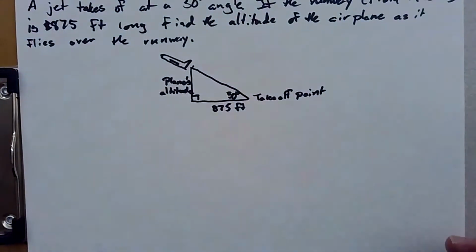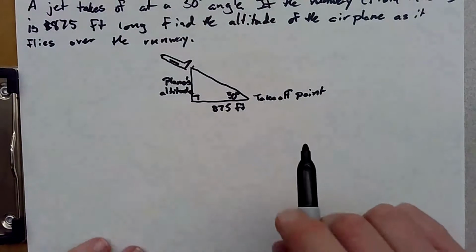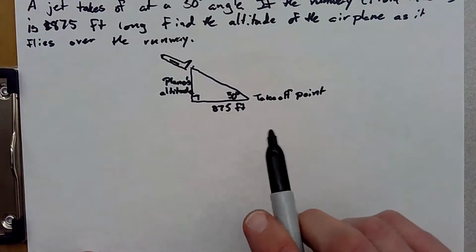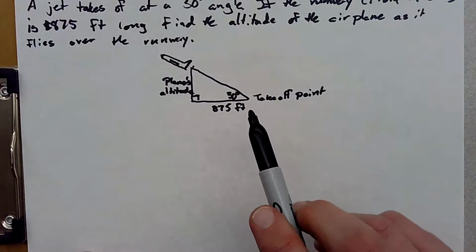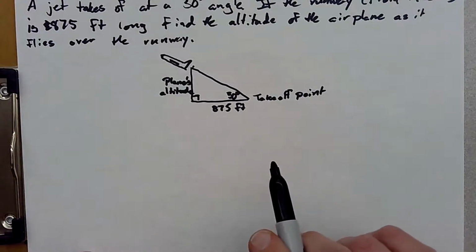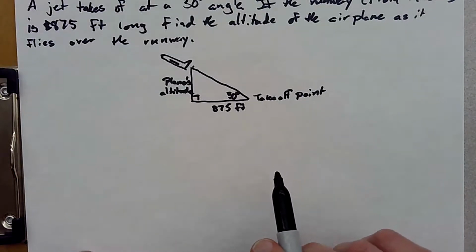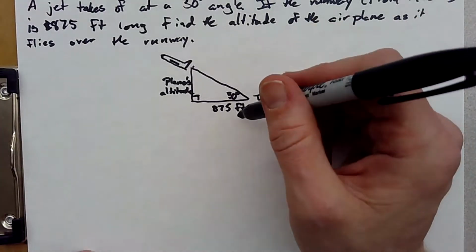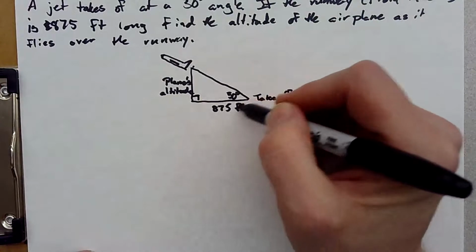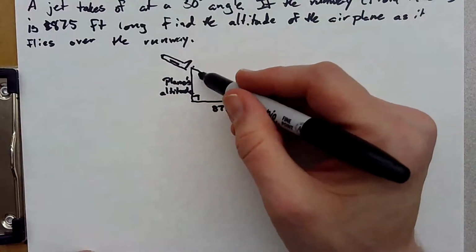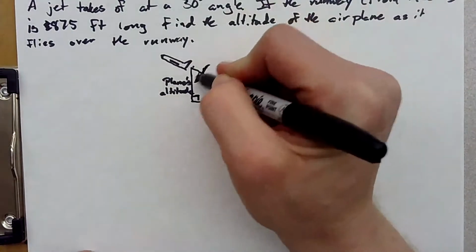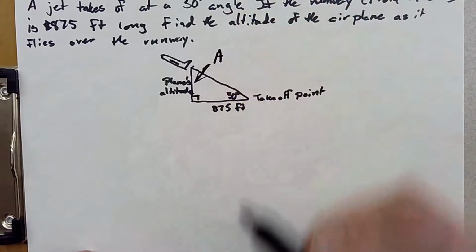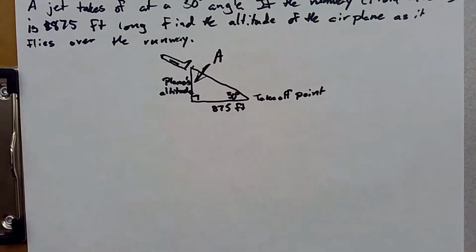A jet takes off at a 30-degree angle. If the runway from takeoff is 875 feet long, find the altitude of the airplane as it flies over the runway. Okay, so we know the length of the runway. We want to know the height above this, which we'll call capital A, the altitude.